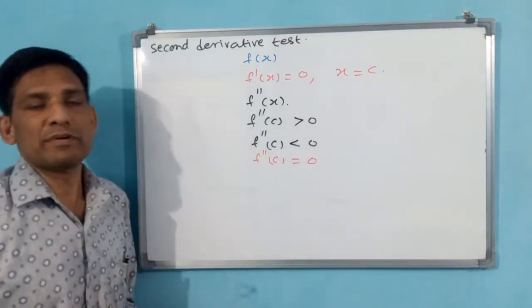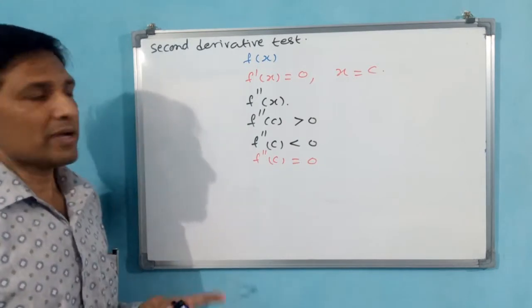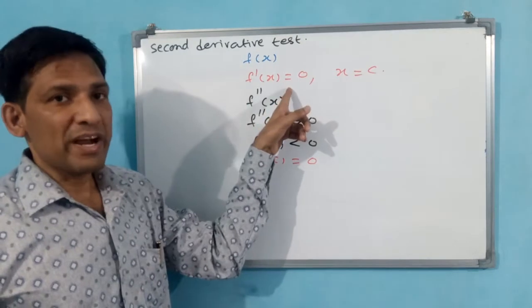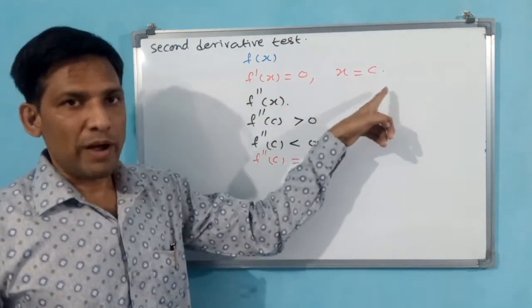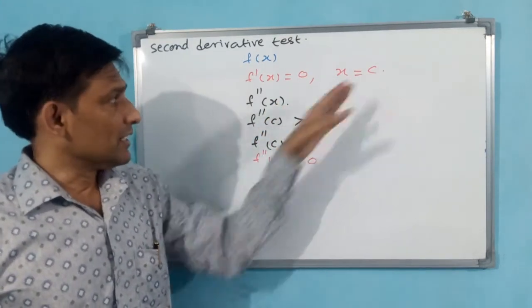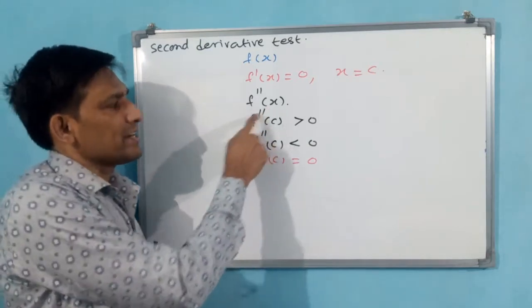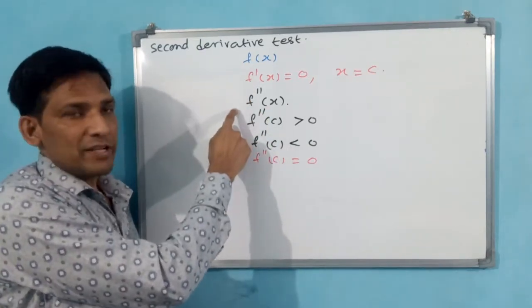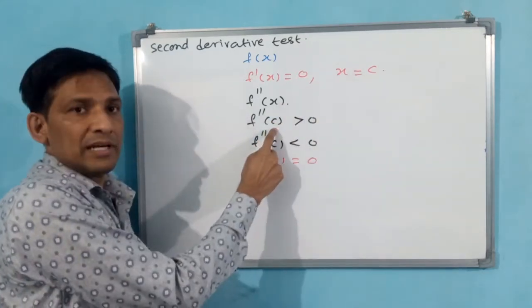Three conditions will come here. Why? Because you made the first derivative equal to 0 and got one point, x is equal to c. That c you substitute in the second derivative, after doing the differentiation.